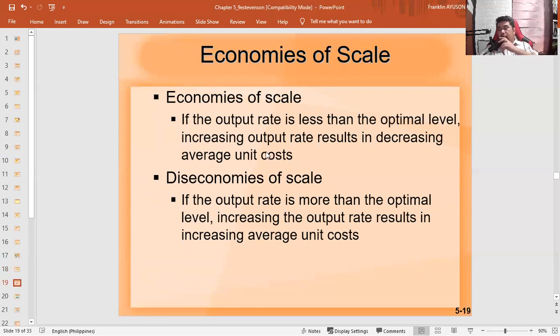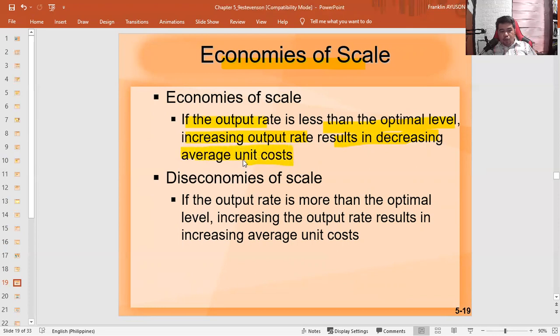Moving forward, in our design capacity with regards to product and service, we need to understand the concept of economies of scale. So when you talk about economies of scale, if the output rate is less than the optimum level, increasing the output rate would result in decreasing the average unit cost. So economy of scale means to say the optimal average unit cost.